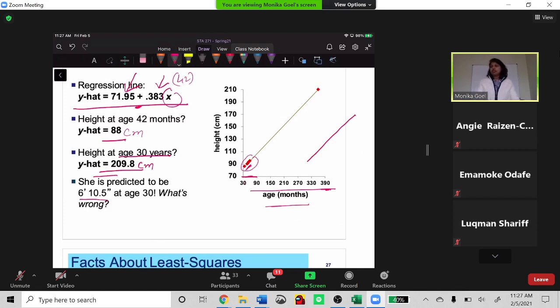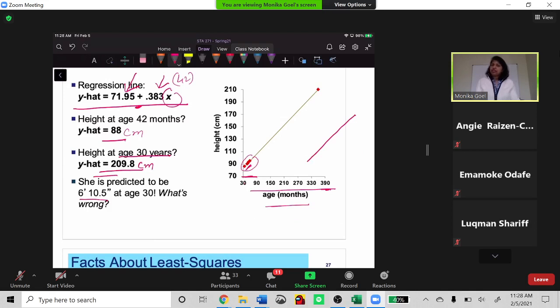But looking at this chart, I predicted the height to be 6 feet 10.5 inches. And if I follow this, then I can say that we all will be tall and we all can participate in basketball games, if we have such a good height. So again, when we do prediction, we need to be careful about a few things.